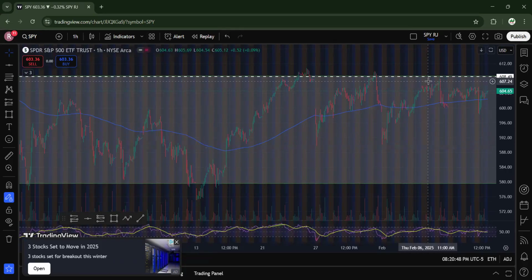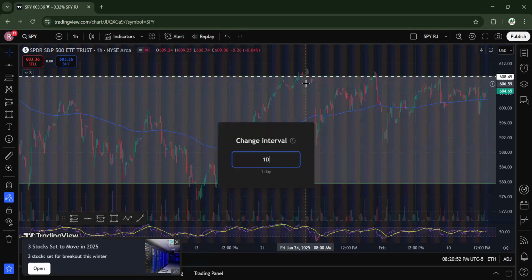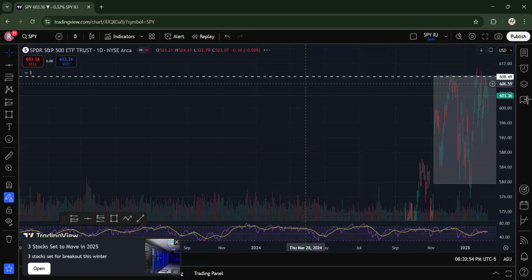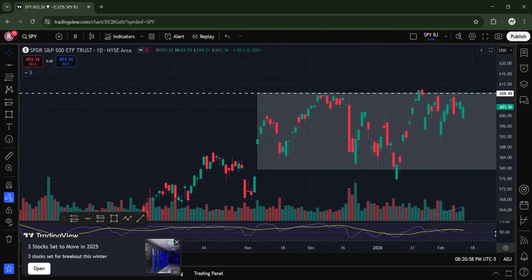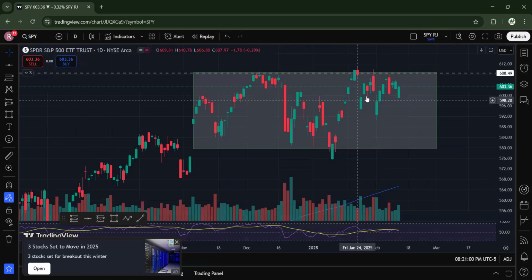This is impossible to trade, especially swing trading. You have to day trade right now for sure. So since this has a range, the next up move is not going to come until around 608 to 610 is broken. To be safe, let's say 610. How far are we from that? $7. We're quite a bit away.